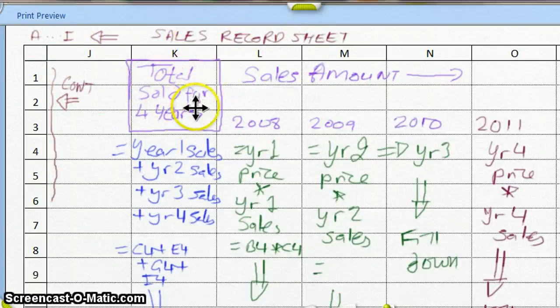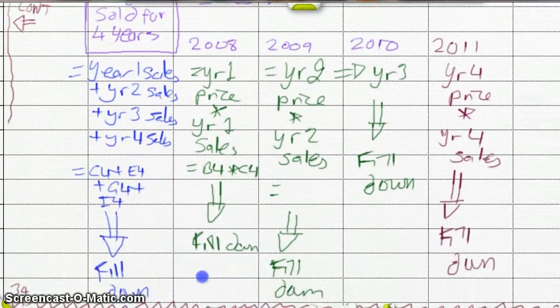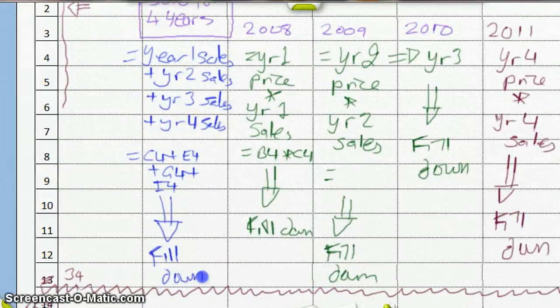Here's my total sold for 4 years, my sales amount for 2008, 9, 10 and 11. I've said how I would work it out. So I've said year 1 sales plus year 2 sales plus year 3 sales plus year 4 sales, and then what the formula is, C4 plus E4 plus G4 and I4, and then the fact that that's going to be filled down. Okay, so that goes all the way down to there.